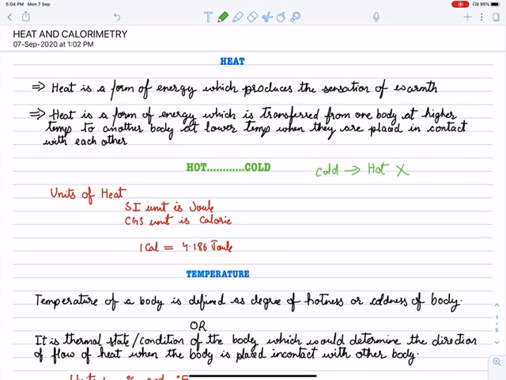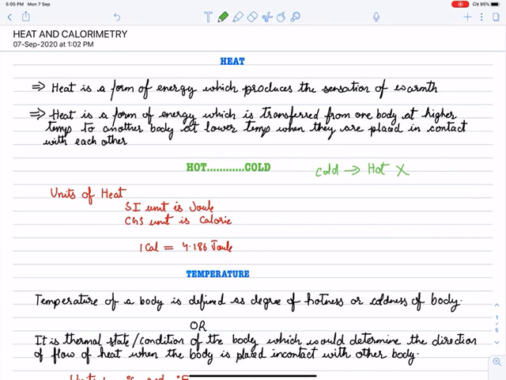Now every quantity in physics should have a unit attached to it. How do we measure heat? The units of heat are joule and calorie. The SI unit is joule, the standard international unit, and the CGS unit is calorie.